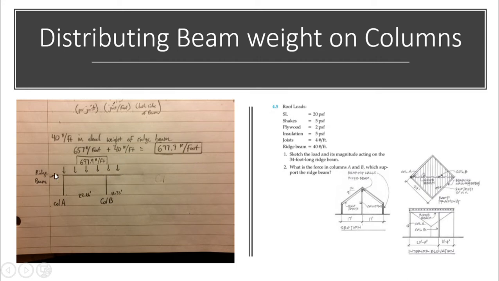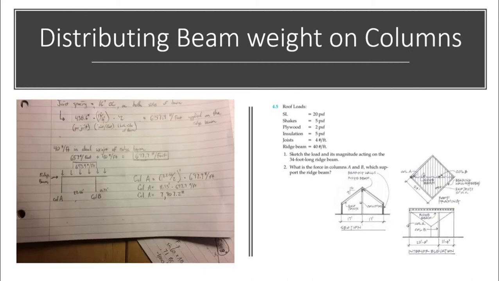So below is the free body diagram for the ridge beam's weight over column A and column B. In order to apply this weight to both of these columns, we need to apply this over the tributary area of columns A and columns B. So we'll start with column A. Column A has a tributary area of 11.33 feet.